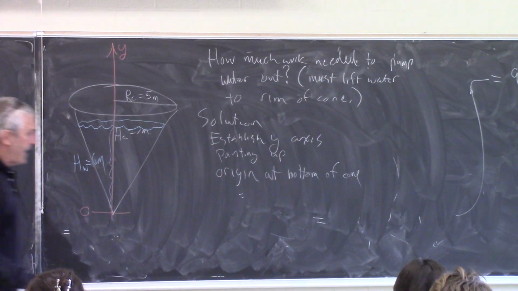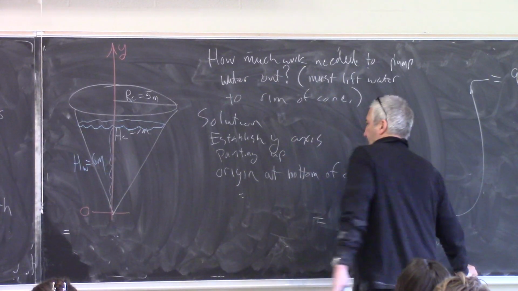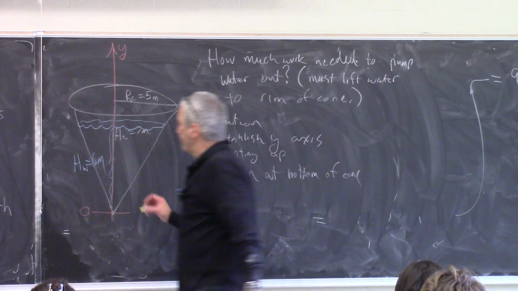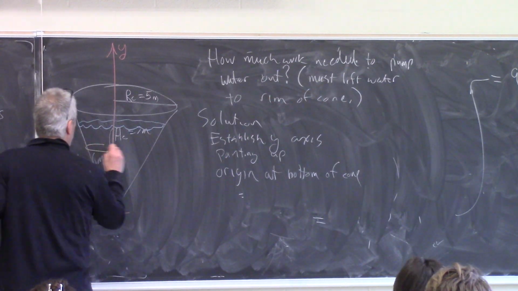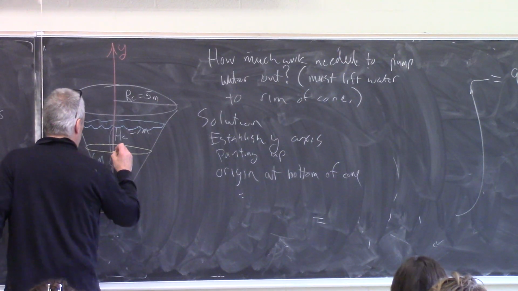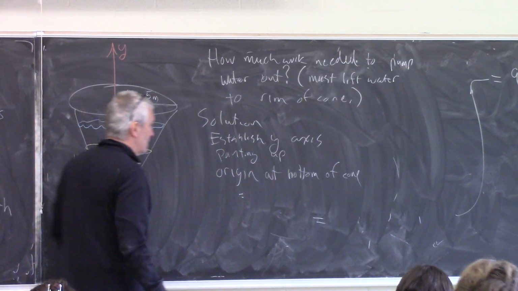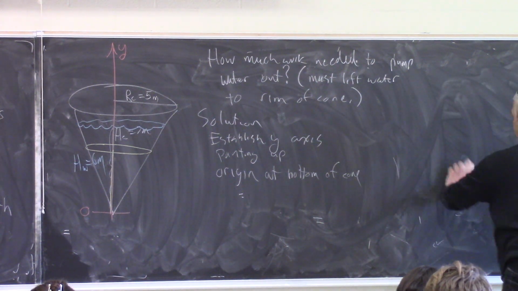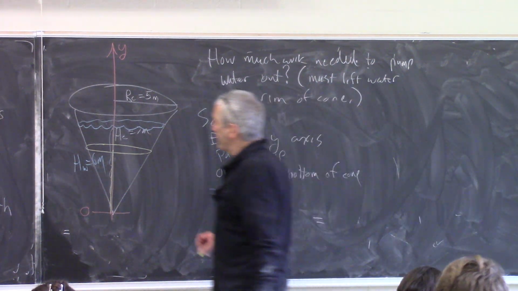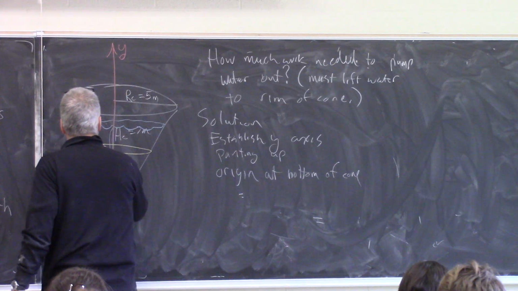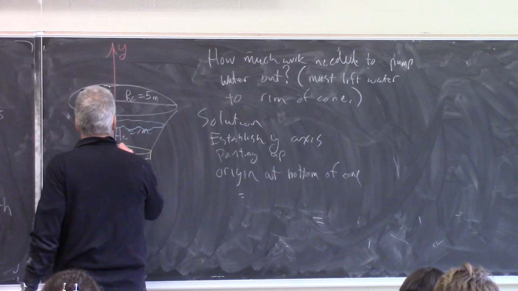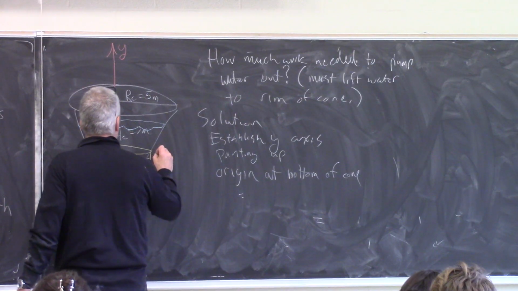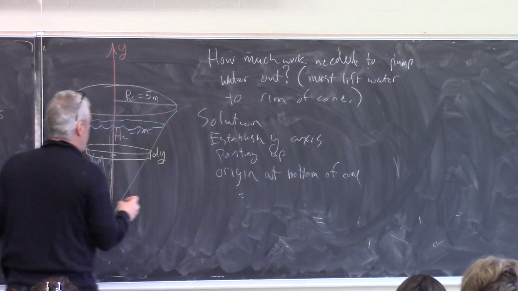And then let's look at a disk of water here. In fact, I don't want to say disk. I want to think about a slab of water at height y and thickness dy.